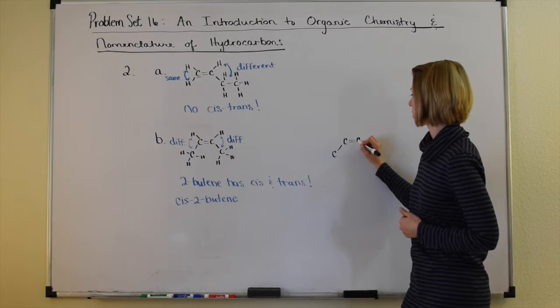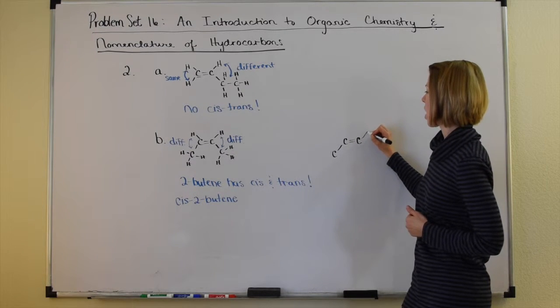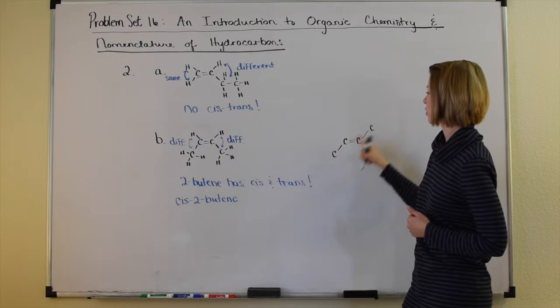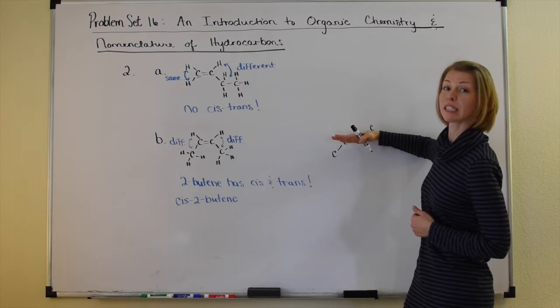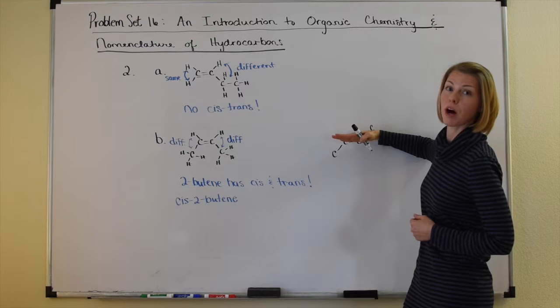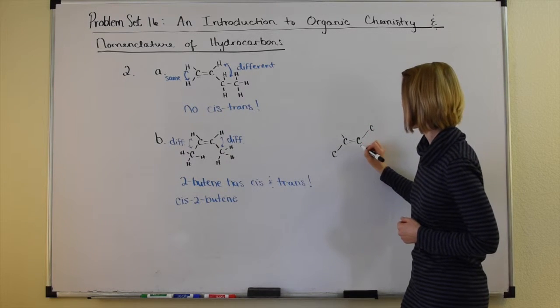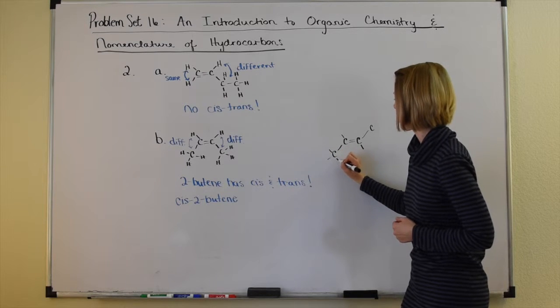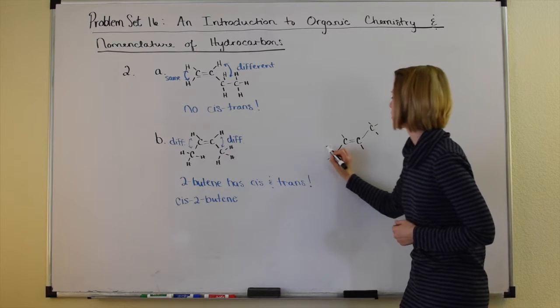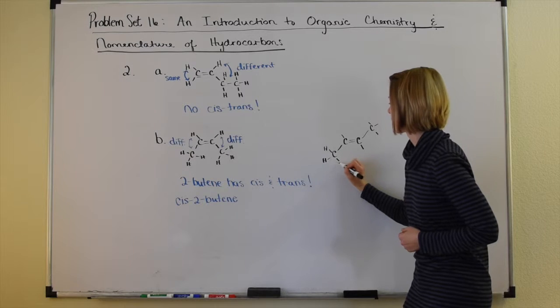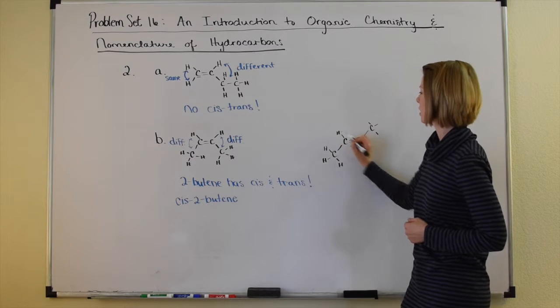So here's my carbon-carbon double bond. I want to go up. I want to put those largest two substituents on the opposite side of the carbon-carbon double bond. That makes it the trans geometry. Okay, so I'll go ahead and add in all of my hydrogen, just to be consistent here.